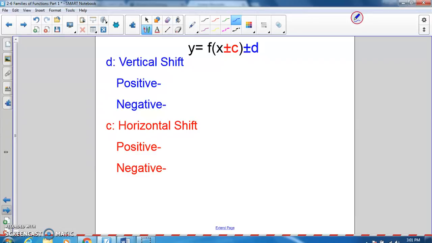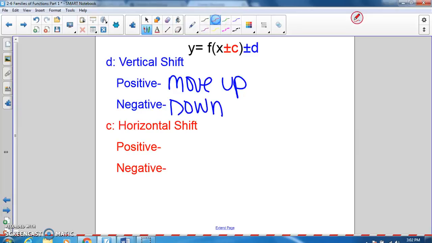And just a summary of everything we talked about today. Vertical shifts is when we're moving up and down. If d is positive, we're going to move up that many units. If d is negative, we are going to move down. Then we have horizontal shifts, which is on the inside of our function. We always think the opposite for horizontal.